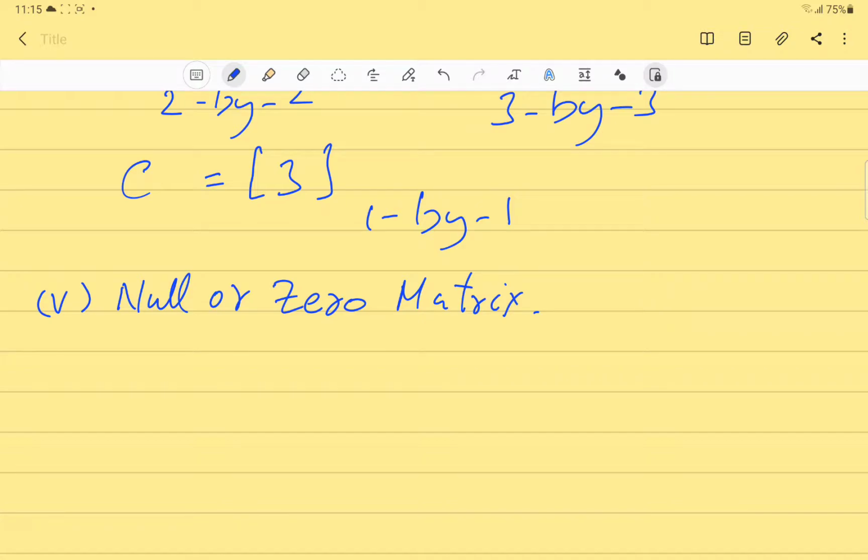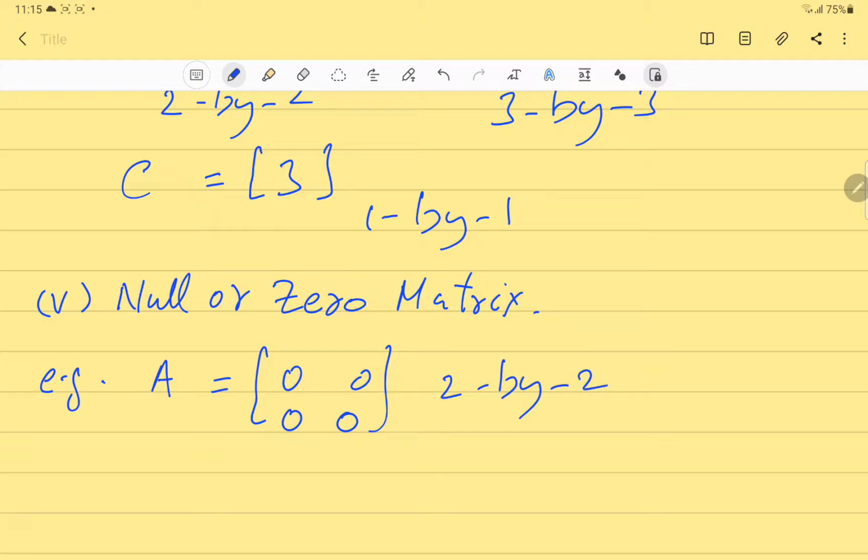Its examples are A is equal to 0 0, 0 0. It's a matrix of order 2 by 2. Its order is 2 by 2, but all its entries are 0. That's why this matrix is known as null or zero matrix of order 2 by 2.